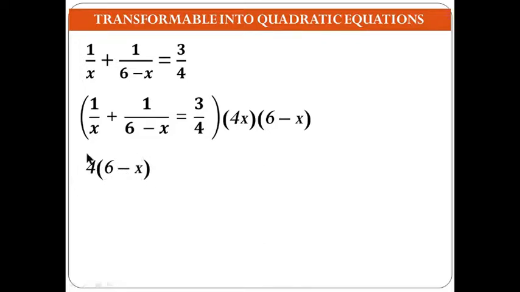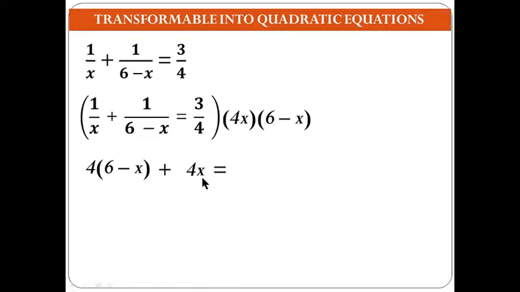Then, multiply sa 1, ito pa rin ang resulta. Plus, get the LCD for x times 6 minus x. Divide mo dito, yung matatanggal is yung 6 minus x, maiiwan ay 4x. Times 1 ay 4x pa rin.